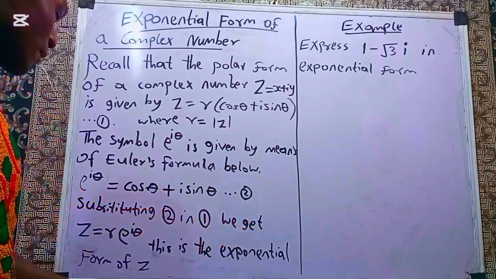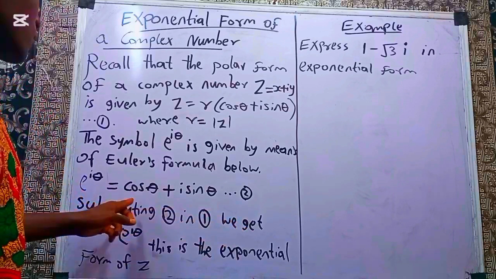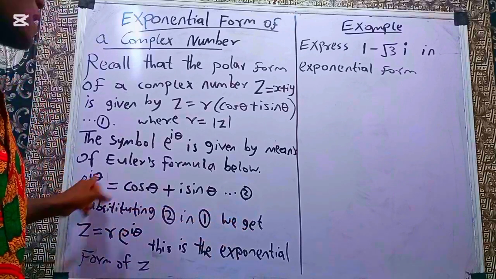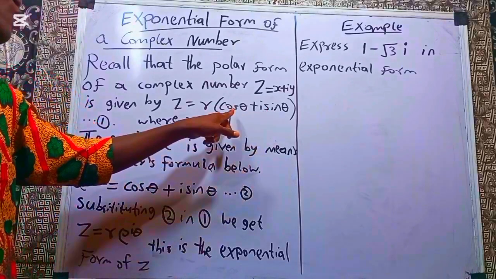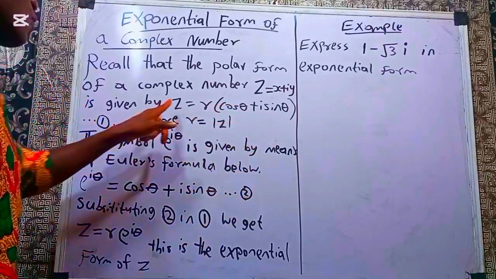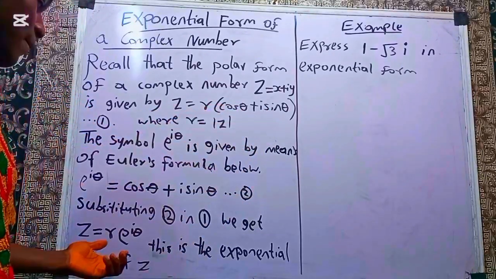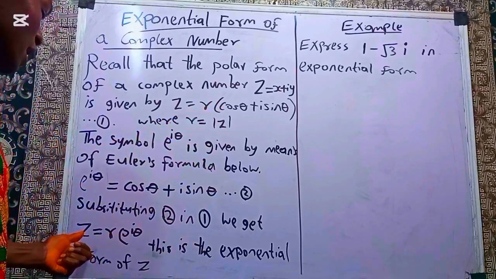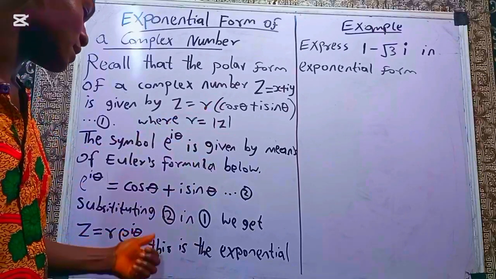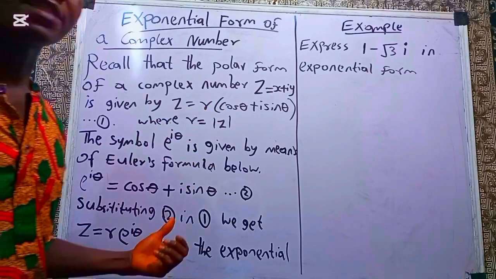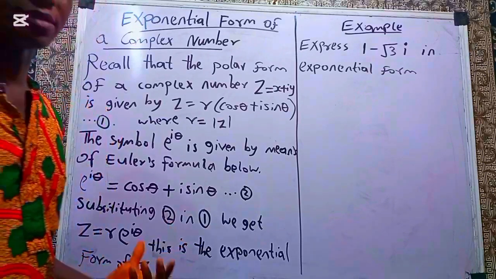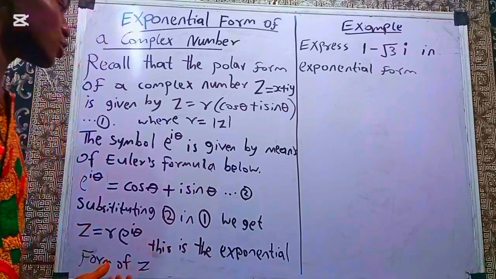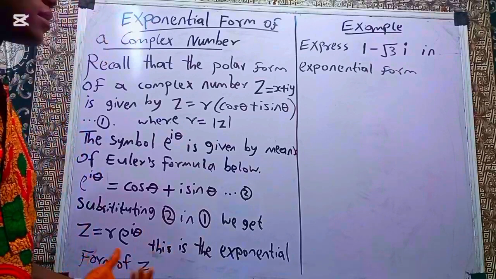So if we substitute exponential i theta for cosine theta plus i sine theta in equation 1, you are going to get z equals r exponential i theta. So this expression z equals r exponential i theta is called the exponential form of a complex number z.